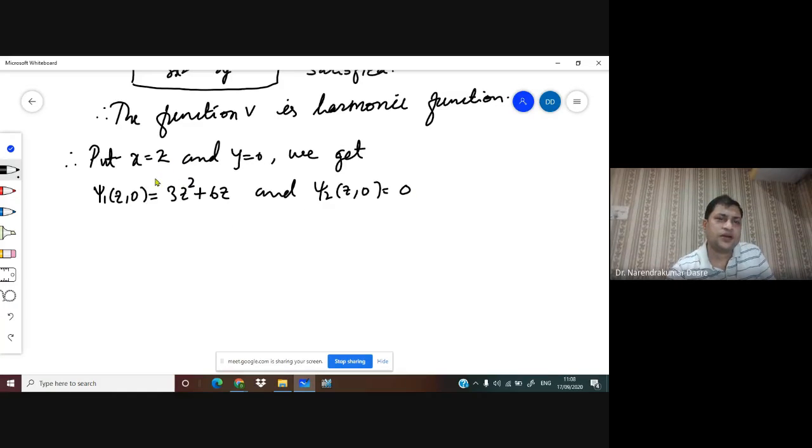So we got the third step complete here, and hence we go for the fourth and final step of the Milne-Thompson method.